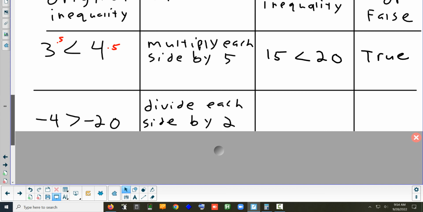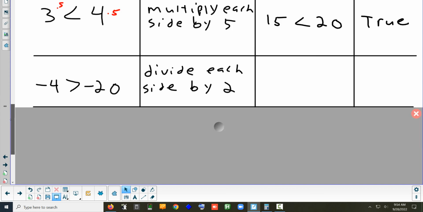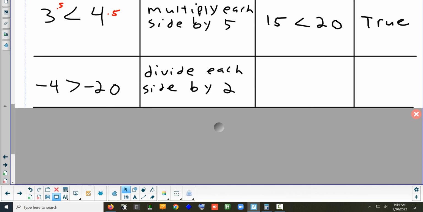Let's try dividing each side by a number. All right, let's look at this. -4 is greater than -20. Now, remember, when you're dealing with negatives, if it's to the right, it's bigger.